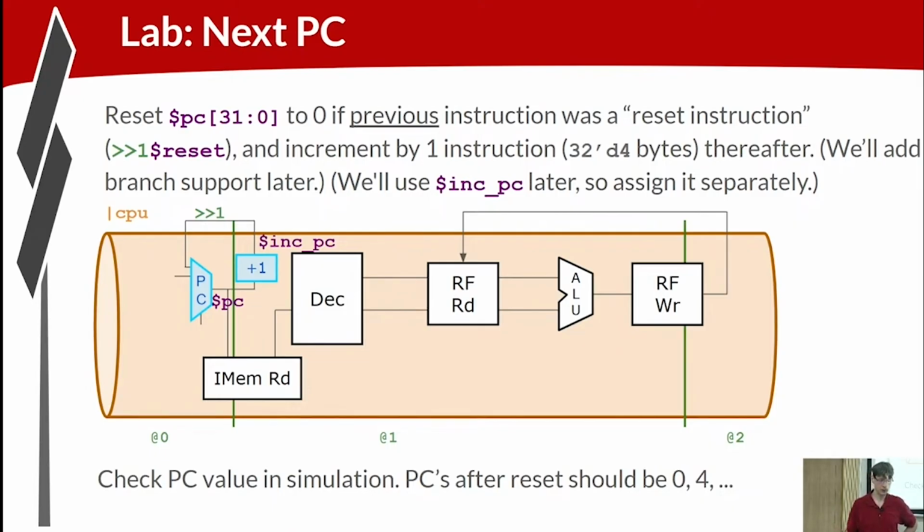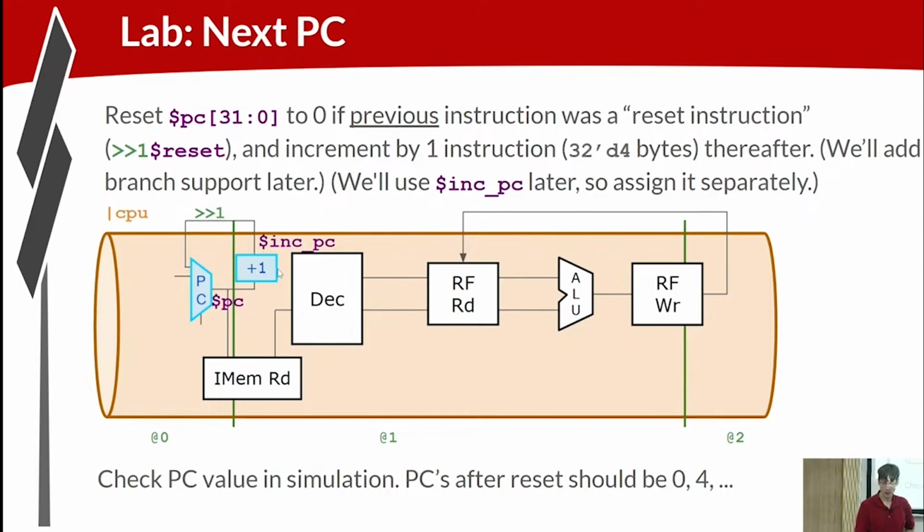So try to remember. Look back at the previous slides if you need to, when we implemented the incrementer way back when. So the incrementer is this picture. It's resetting to 0 again, resetting based on the previous reset, and thereafter incrementing by 4, so updating the PC to the previous PC plus 4.